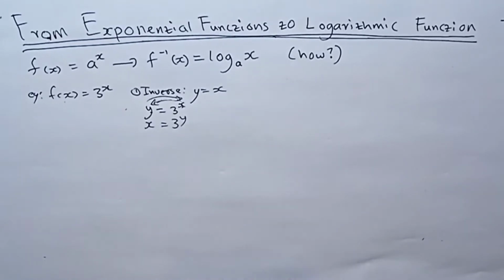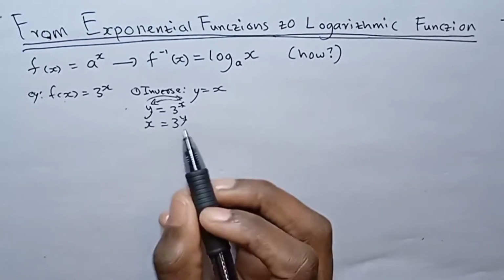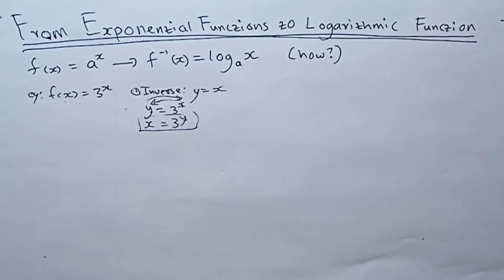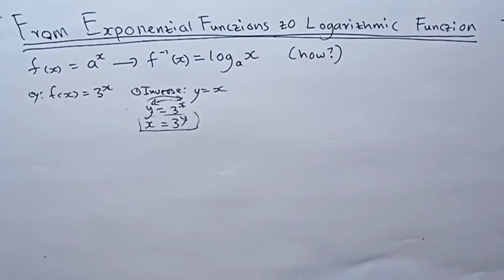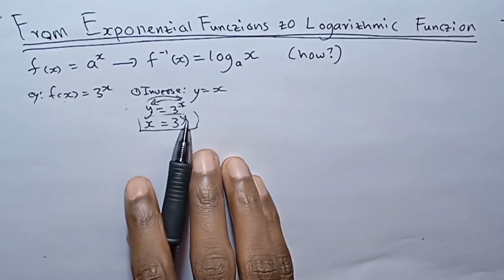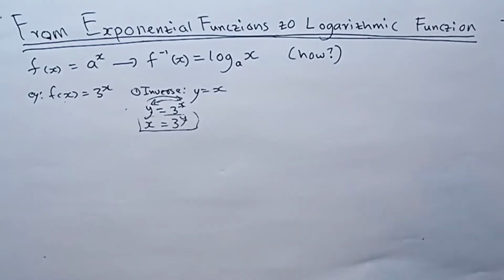So now that I have my y as the subject of the formula, this is basically the inverse function. But because x is the subject of the formula, it isn't going to look like an inverse function, right? It's not going to look like a function if y is not the subject of the formula. So what am I going to do? I'm just going to make my y the subject of the formula using the laws of logarithms, okay?